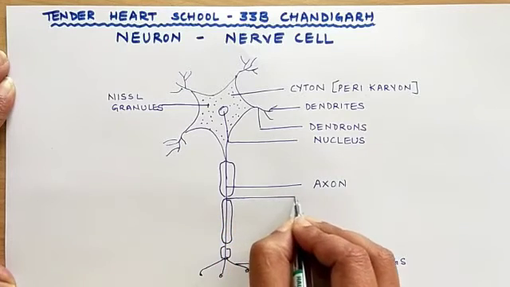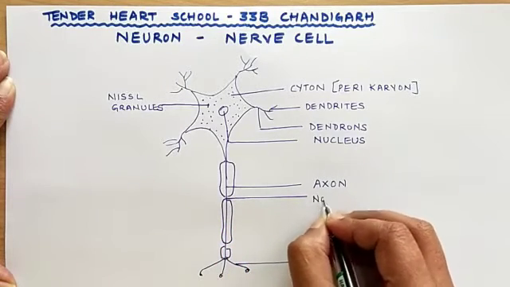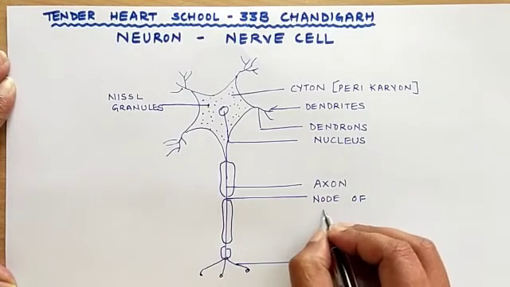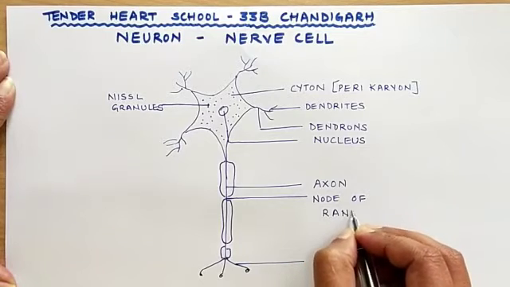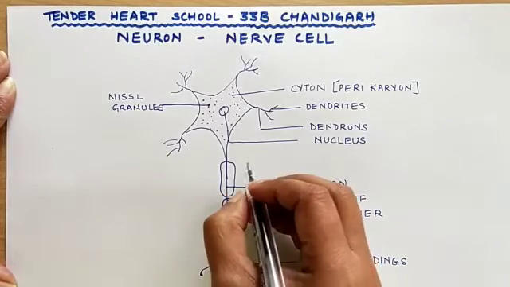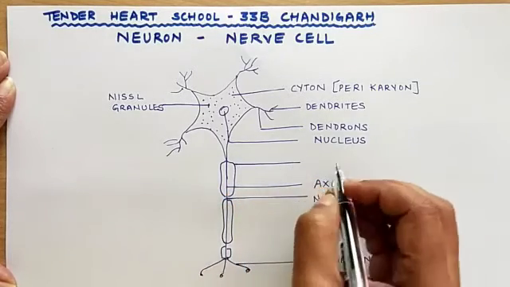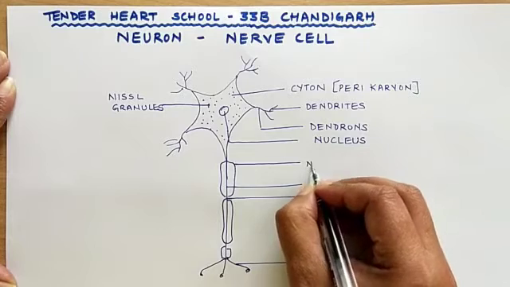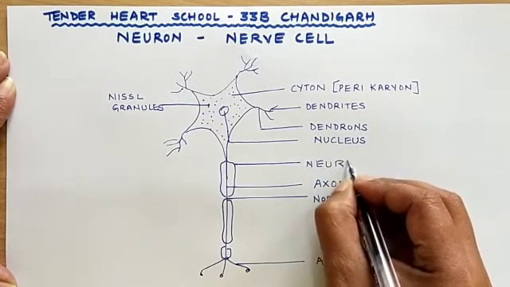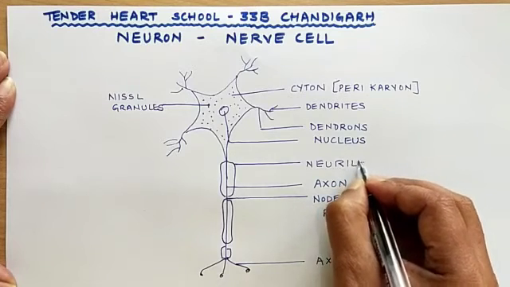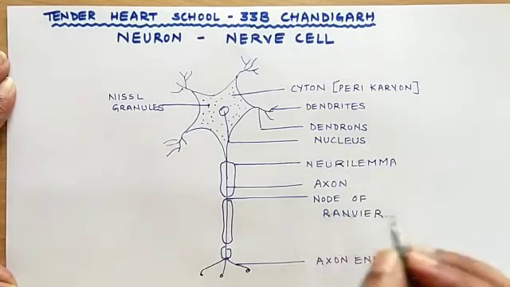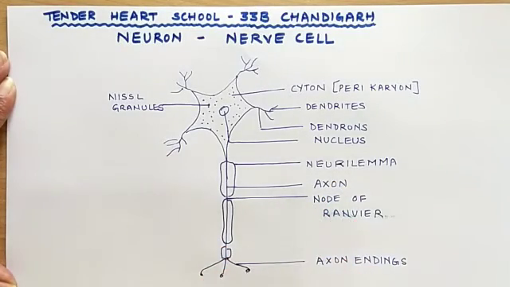This is called the node of Ranvier. So this layer which is covering is the neurolemma, a sheath which is covering the axon.